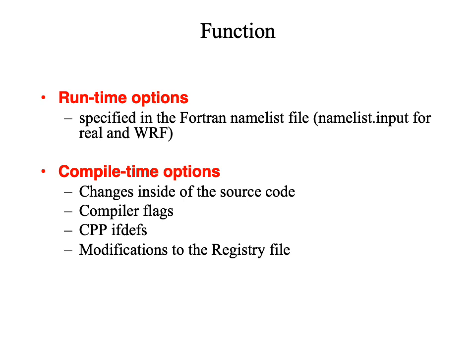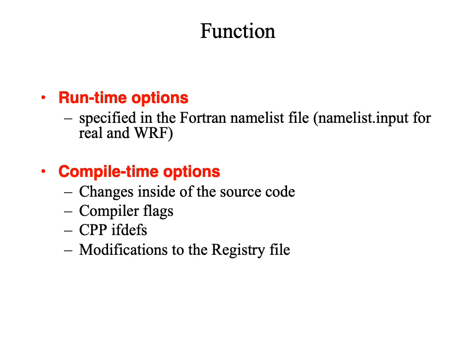And these traditionally come in via input files. What we choose is to use Fortran namelist files. Inside of the real program and WRF, it's called namelist.input. And for WPS, it's namelist.wps.